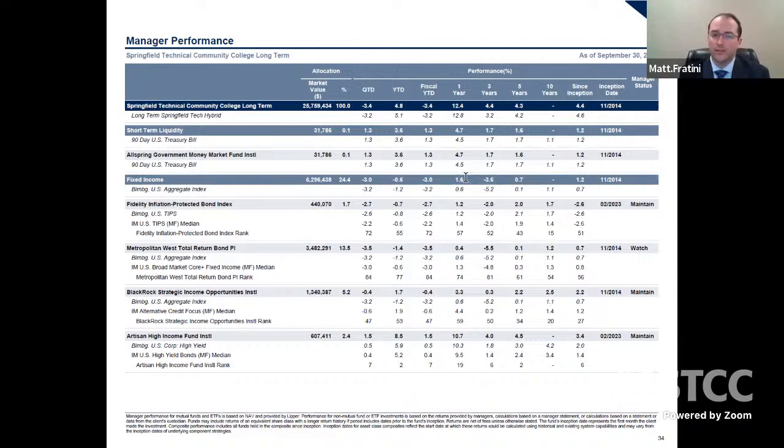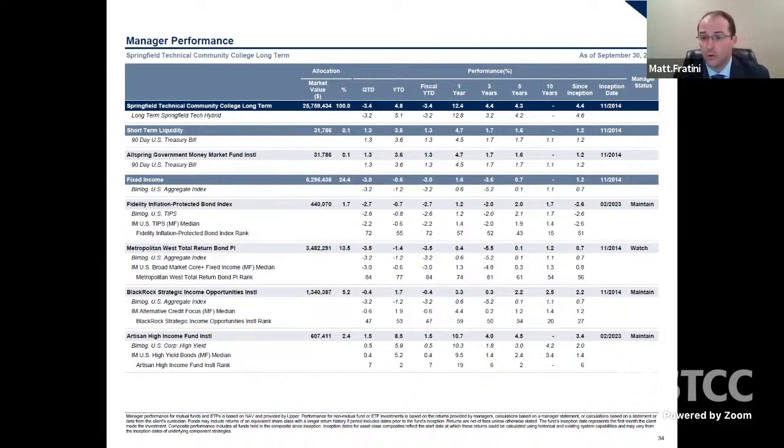I did want to highlight one manager within the fixed income asset class, and that is Metropolitan West Total Return. This was actually elevated to our watch status during the quarter. And just as a reminder, we have 4 internal statuses. We have maintain, discuss, watch, and terminate.